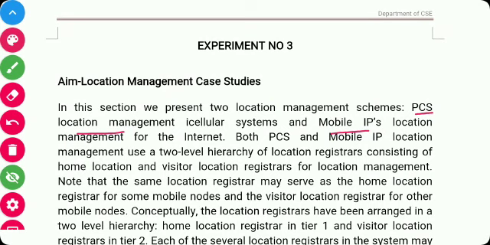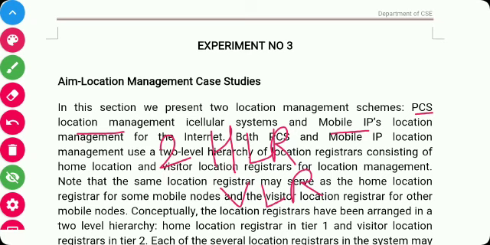Both PCS and mobile IP location management use two levels of hierarchy, that is location registers consisting of the home location register HLR and the visitor location register VLR. The same location register may serve as the home location register for some mobile nodes, and as a visitor location register for other mobile nodes.